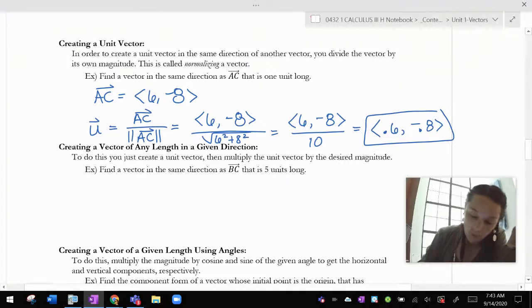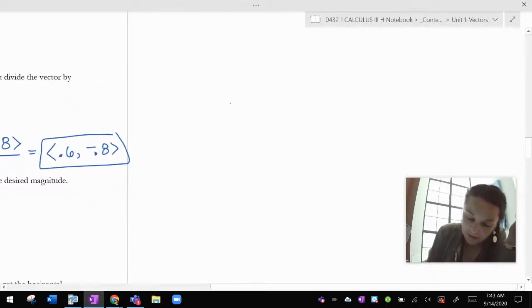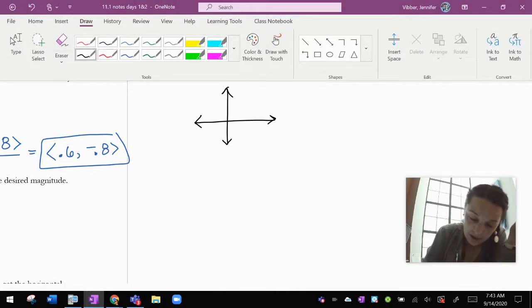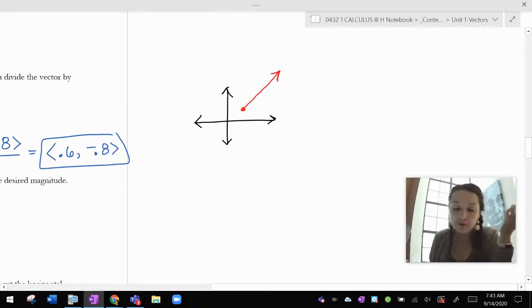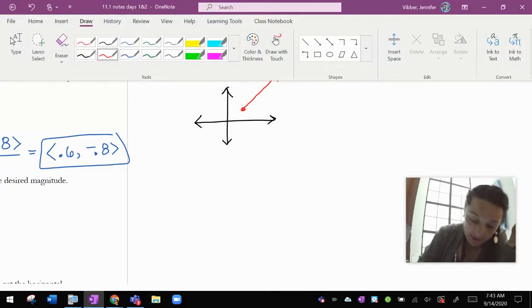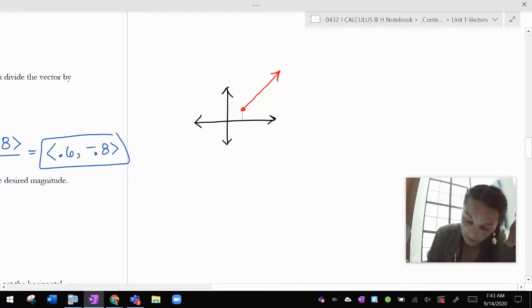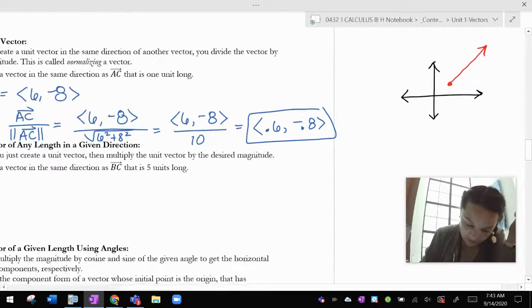So what does that really look like? If I have a vector 6, 8, and remember, it can be anywhere. So let's say I'm going to go over 6, up 8. Here's the vector 6, 8. Oh, I forgot my negative.